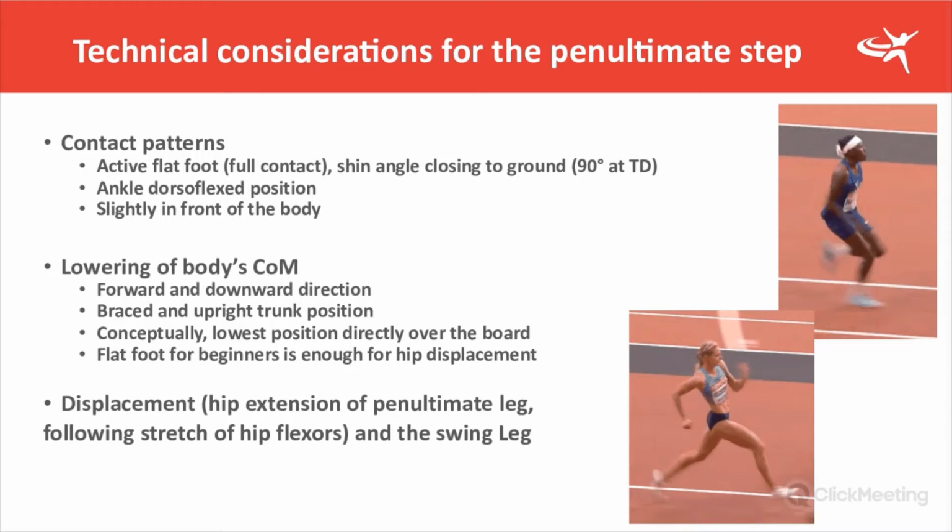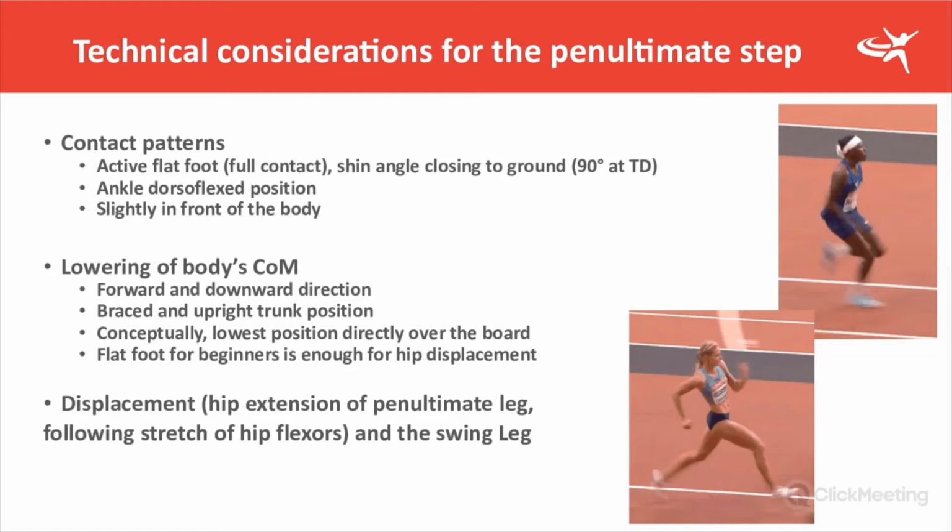The flat foot for beginners, again, when we're coaching the penultimate from a development point of view: the athlete's coming up, sprinting on the balls of their feet, so they've got this elevated position. So when they actually strike the flat foot, that is enough to lower the center of mass. For me personally, I don't coach an active lowering.